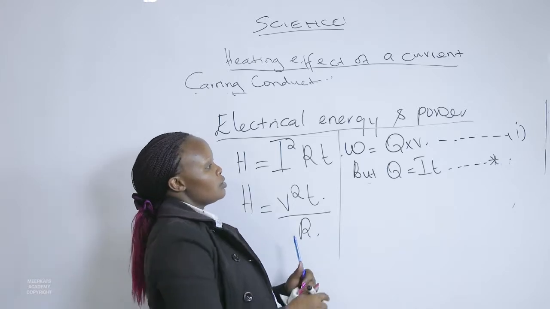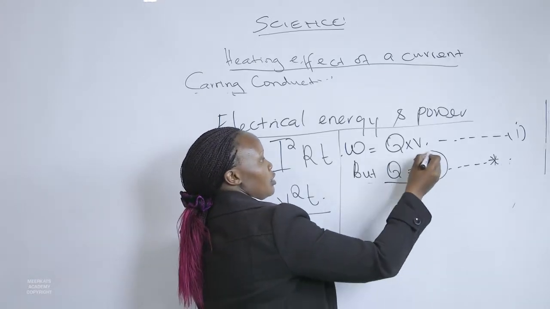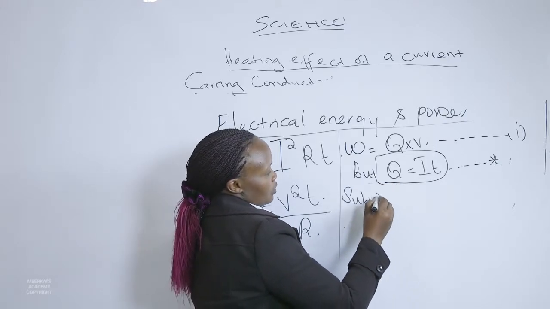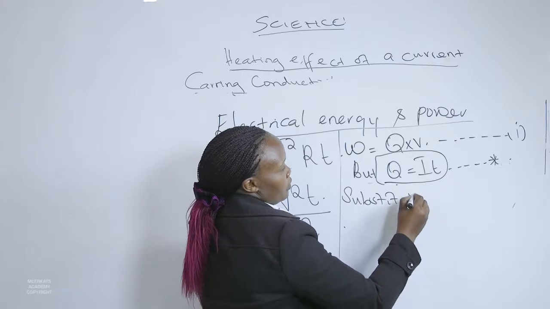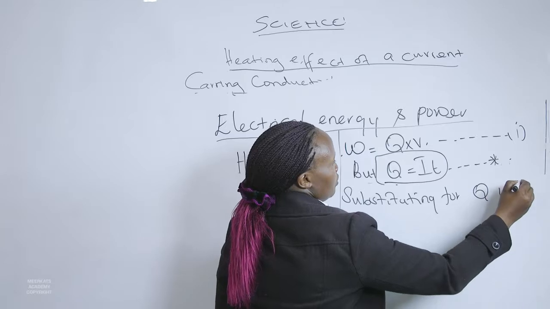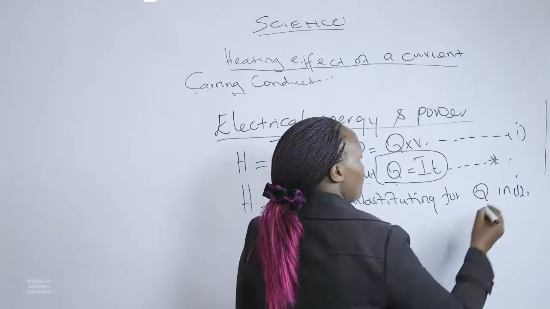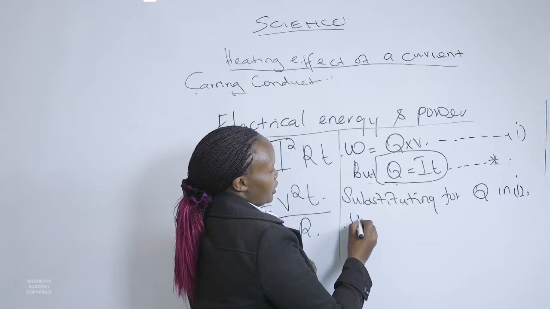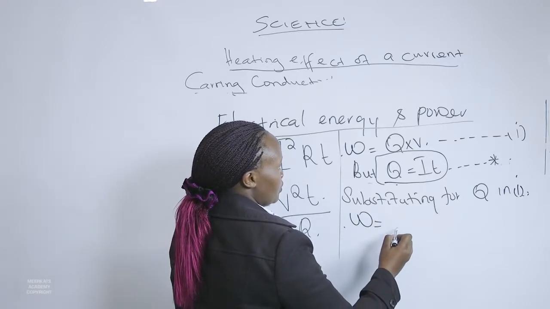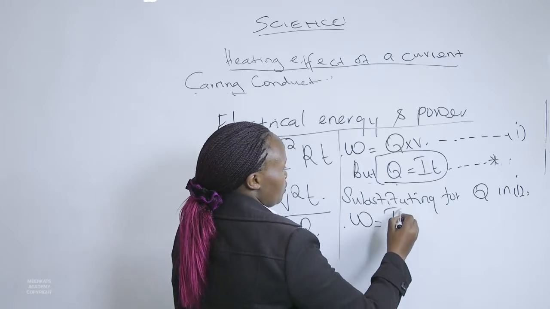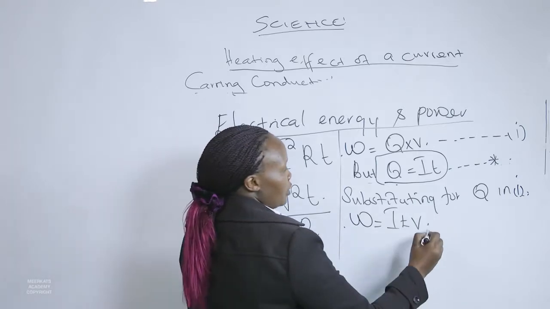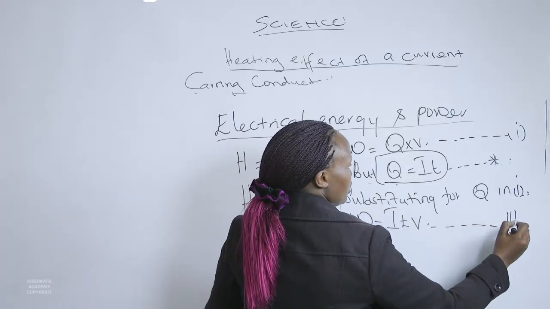Therefore, we want to substitute this in 1. So substituting for Q in 1, you find that now work is given by ITV. You can call that one equation 2.